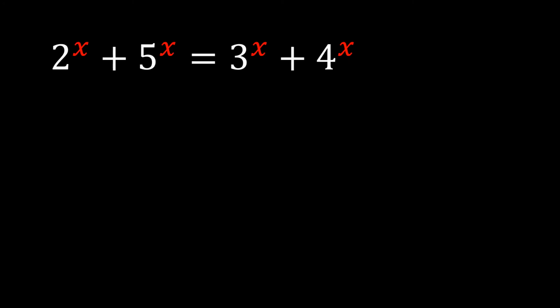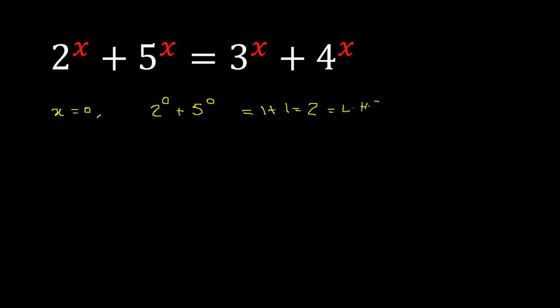So here the equation is 2 raised to power x plus 5 raised to power x equals 3 raised to power x plus 4 raised to power x. If you see, if I plug x equals 0 in it, then the left hand side will be 2 raised to power 0 plus 5 raised to power 0, which makes it 1 plus 1, which is equal to 2. This is the left hand side.